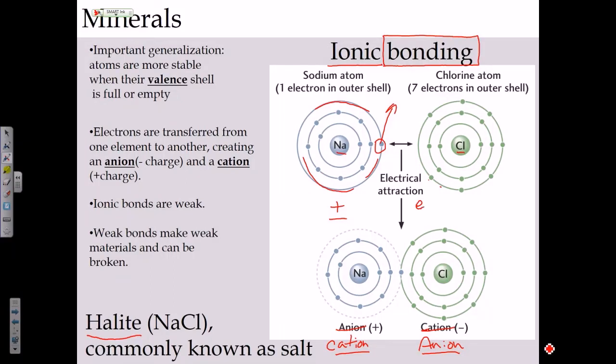So an electron comes into chlorine, fills in this last little electron shell here, and ends up giving it a negative charge. Now, we have 2 objects, sodium and chlorine. They're both ions, and they're oppositely and equally charged, so positive 1 and a negative 1 on the other side, which means they can get together.